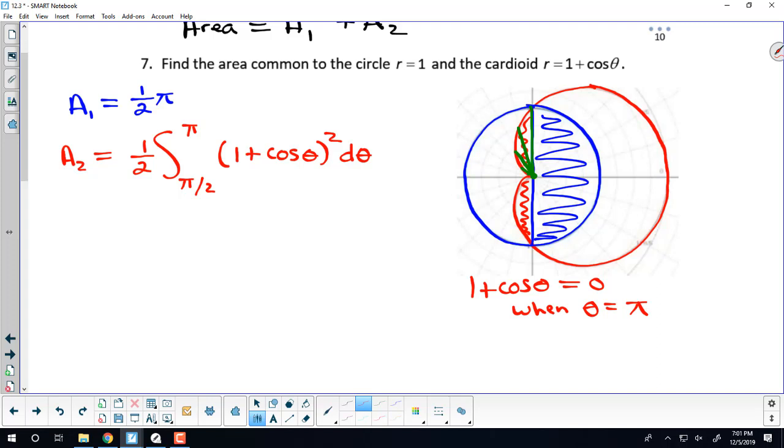Yeah, we have to multiply that by 2. Again, we can use symmetry, or we can set up another integral from pi to 3 pi over 2 and integrate the very same thing. I don't know why you would do that. It's highly inefficient, but you certainly could. So we need 2 of these.